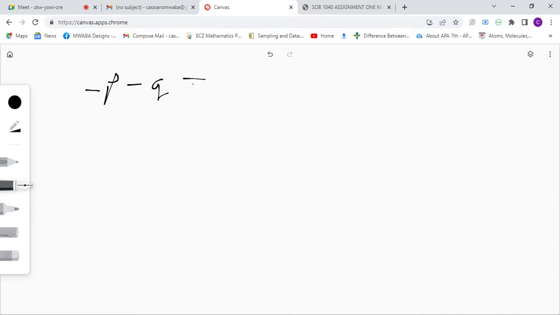Okay, the board is back. So we have negative P minus Q equals 80.